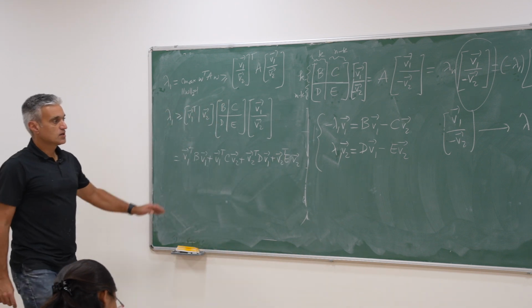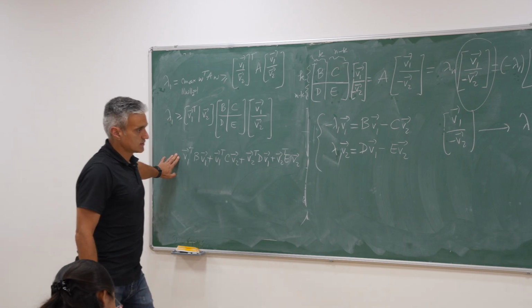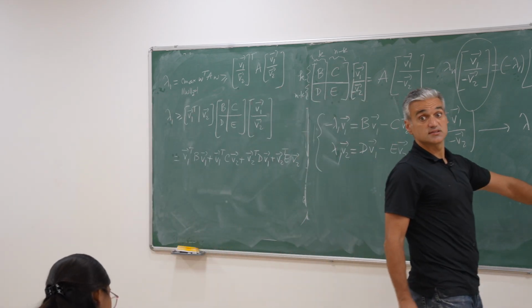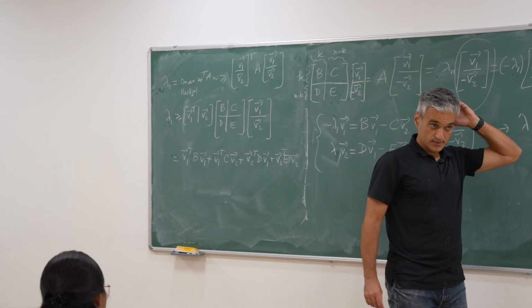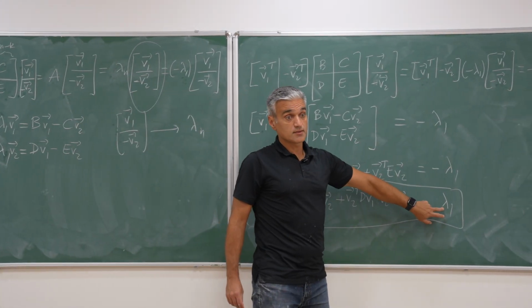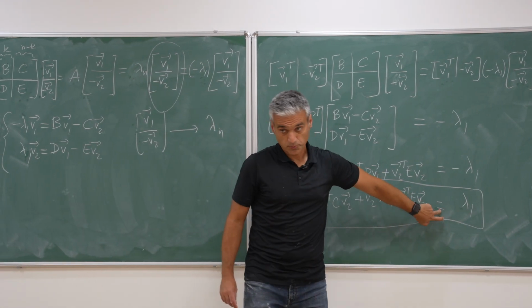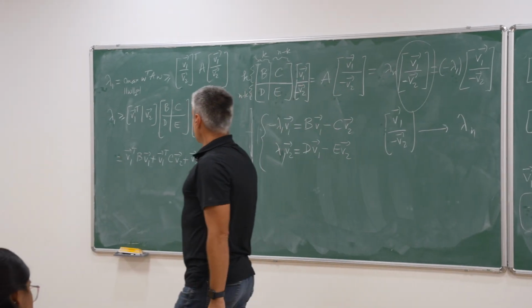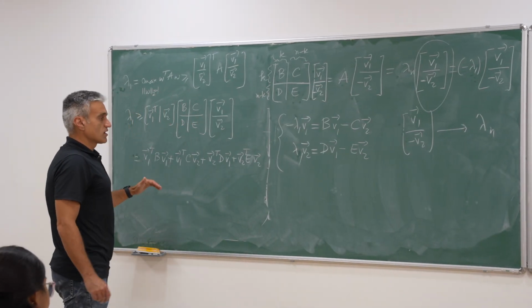Okay, so now look at this and look at this. What do you see in common? You see a lambda 1 here. Lambda 1 actually equals this. And you see a couple of terms in common.